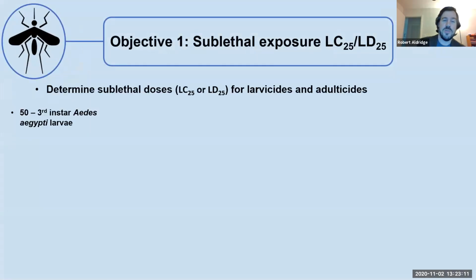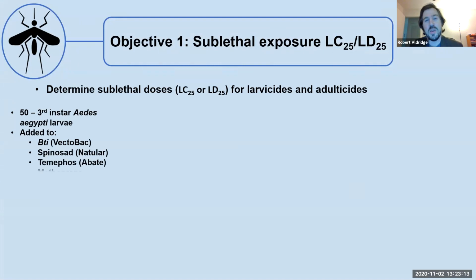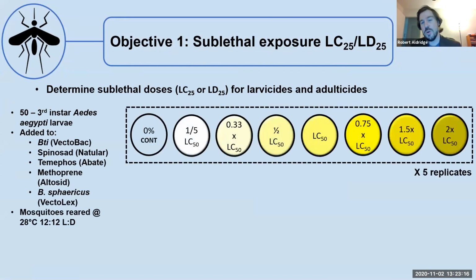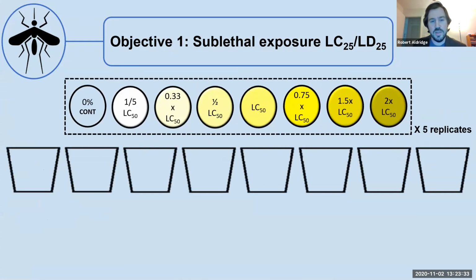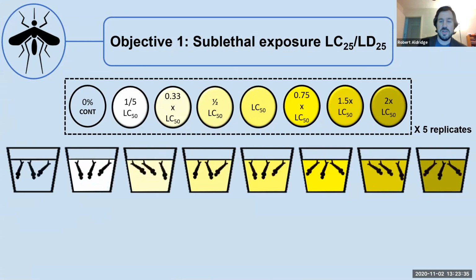And specifically in objective 1, I will be identifying the sublethal exposure that generates a dose that can kill 25% of the population. This will be looking at a series of different doses, increasing in concentration after exposure to identify the optimal dose range.